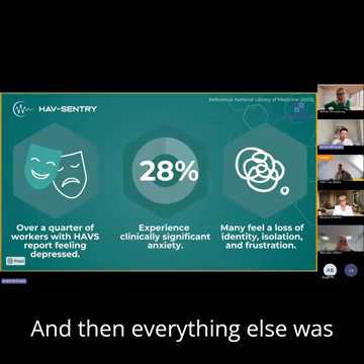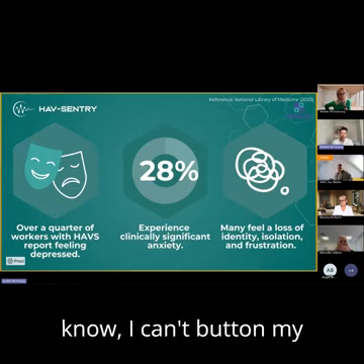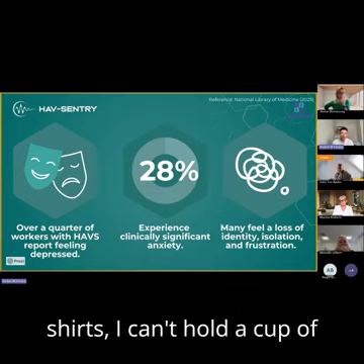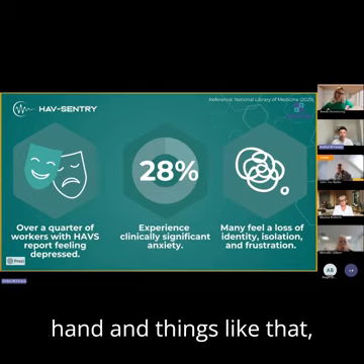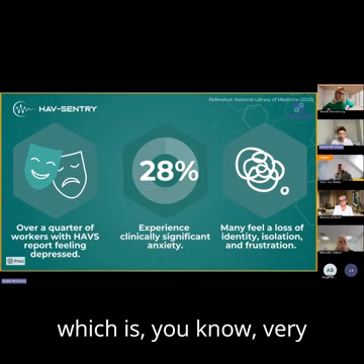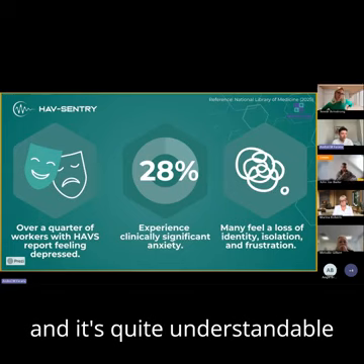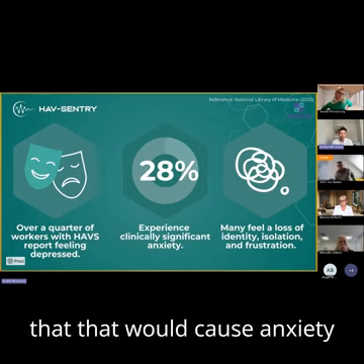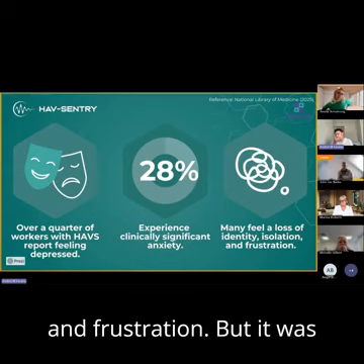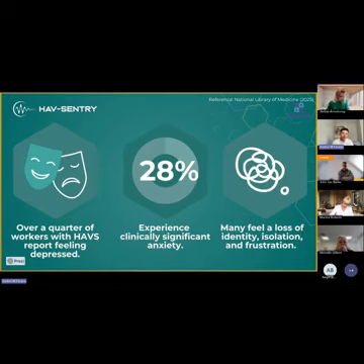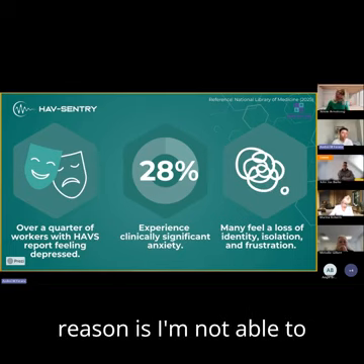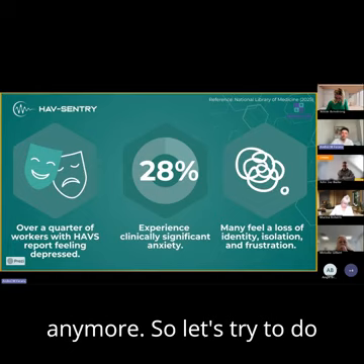And then everything else was physical symptoms. So, I can't button my shirts, I can't hold a cup of tea, I can't hold someone's hand and things like that, which is very distressing. And it's quite understandable that would cause anxiety and frustration. But it was really interesting to see that the top number one reason is I'm not able to provide for my family anymore.